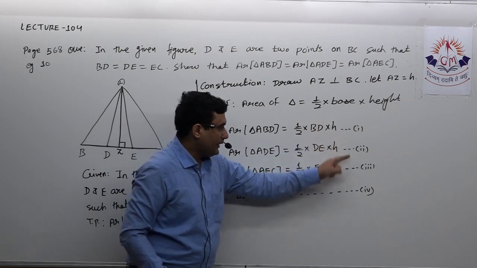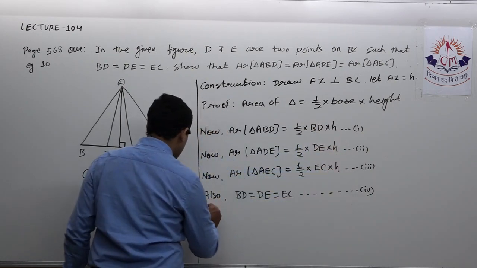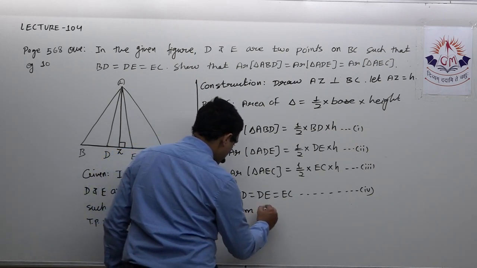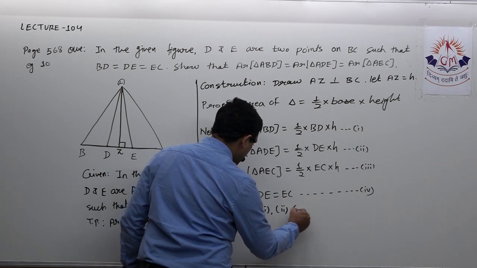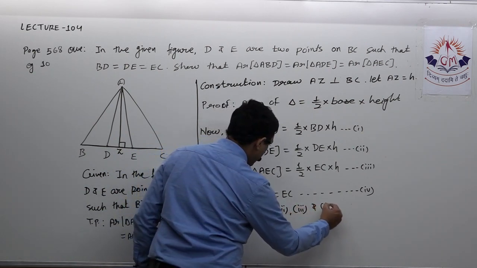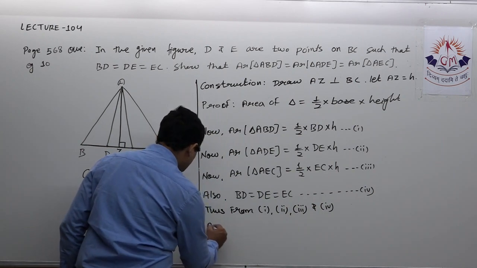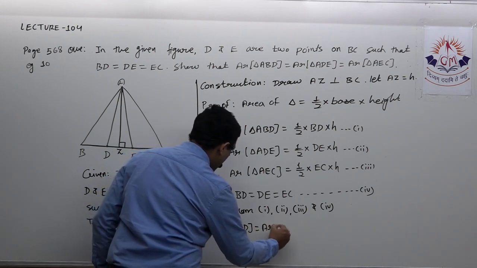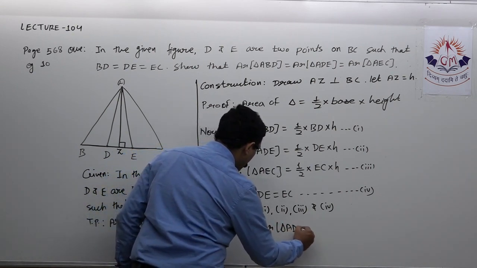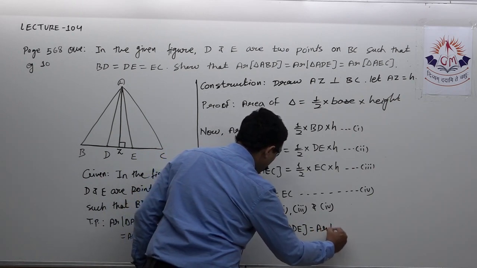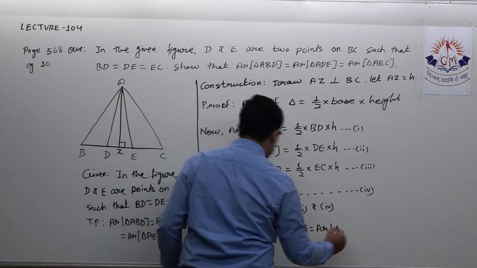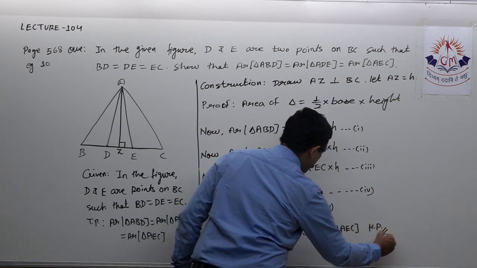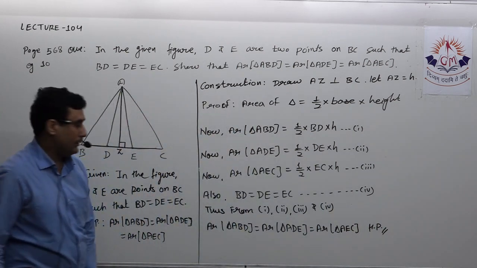So from first, second, third, and fourth, I can write area of triangle ABD is equal to area of triangle ADE is equal to area of triangle AEC. Hence proved.